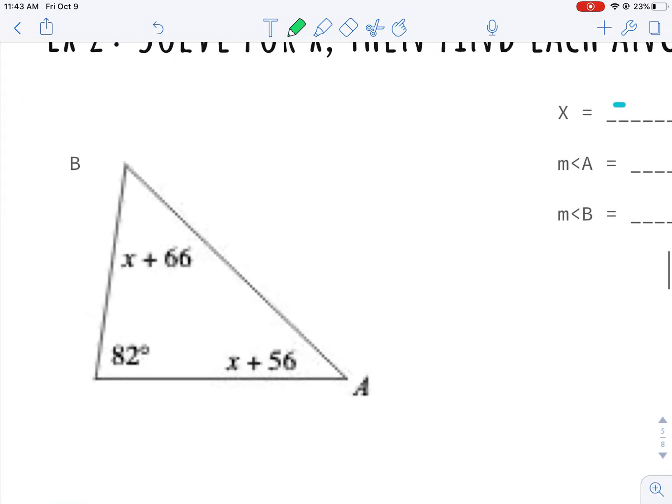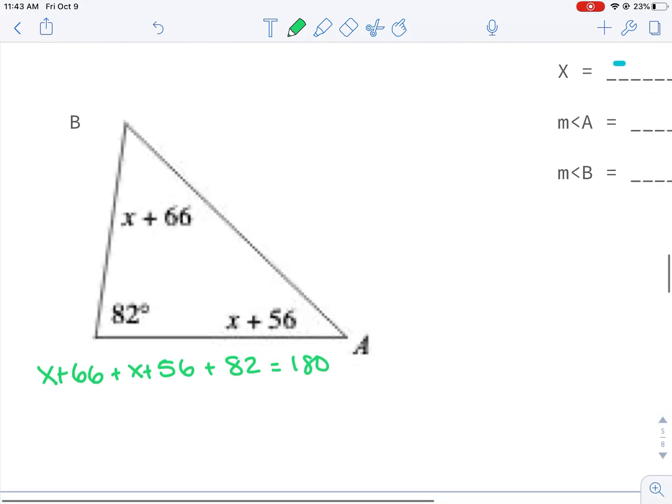Again, this time 2 of my angles have algebra, but it's the exact same strategy. I'm going to add them all up: x plus 66 plus x plus 56 plus 82. I know a triangle adds up to 180, so I can set it equal to 180 degrees. 66 plus 56 plus 82 gets me to 204, so I have 2x plus 204 equals 180.